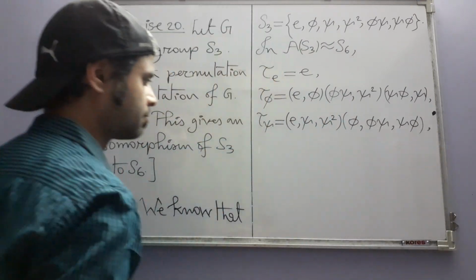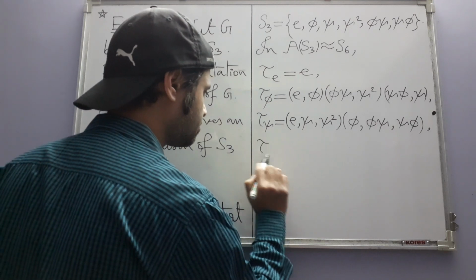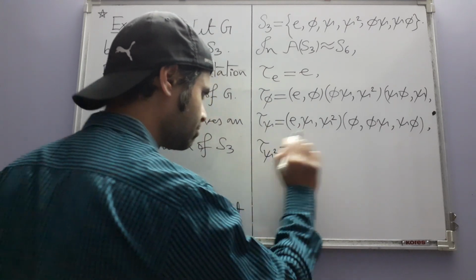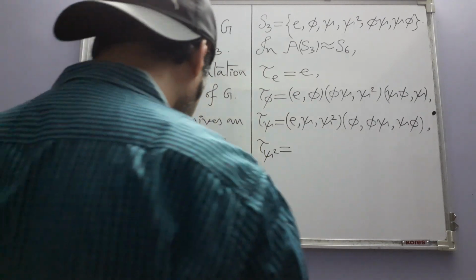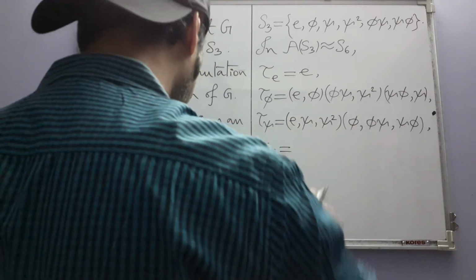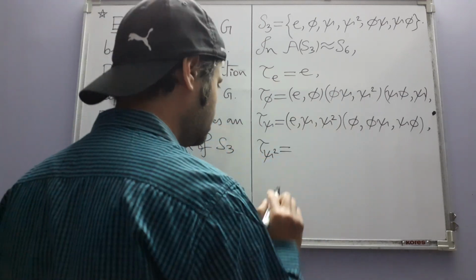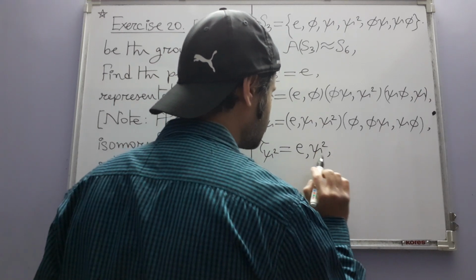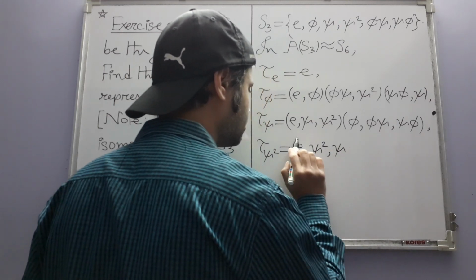Next, tau psi square is also just like this one, a product of 2-3 cycles, but here the cycles are a little different. I mean the orders change. E comma psi square comes first and then psi.